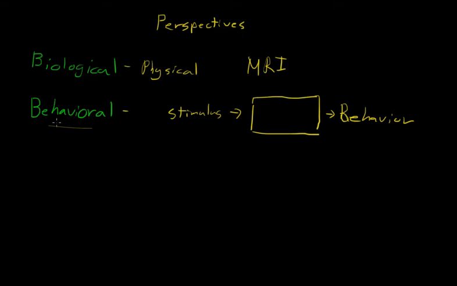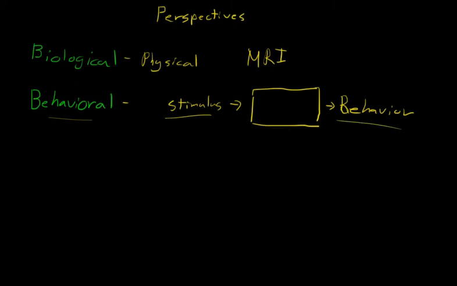That doesn't make a whole lot of sense, but I'm trying to distinguish these two. The biological is sort of mechanical, saying that chemical processes are predetermined, leading from one thing to the other. Behavioral is saying we know what goes in, we know what comes out, but the middle we can never really see.